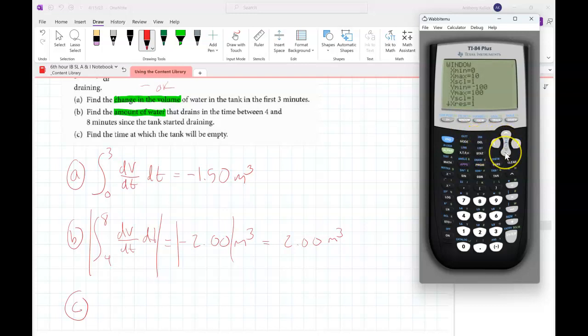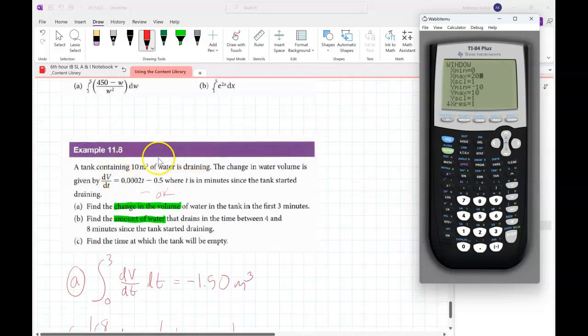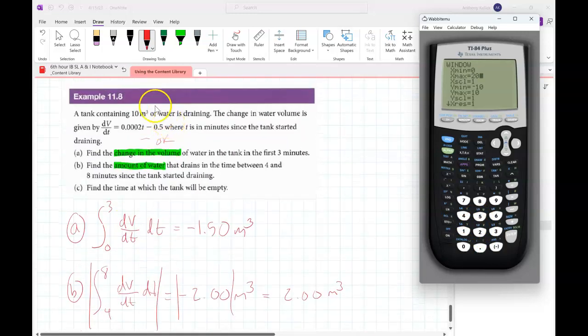I'm going to reset that from -10 to 10, but I'm going to extend that out to be like 20 or something, because I saw after 8 minutes we only lost 2 cubic meters.